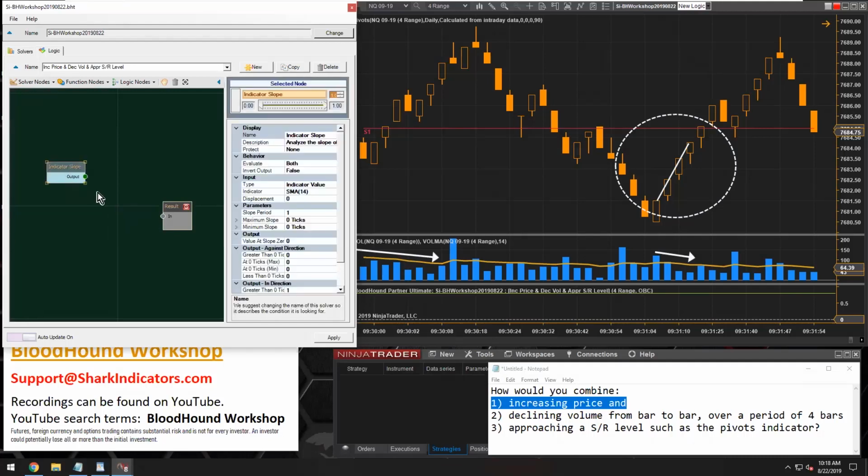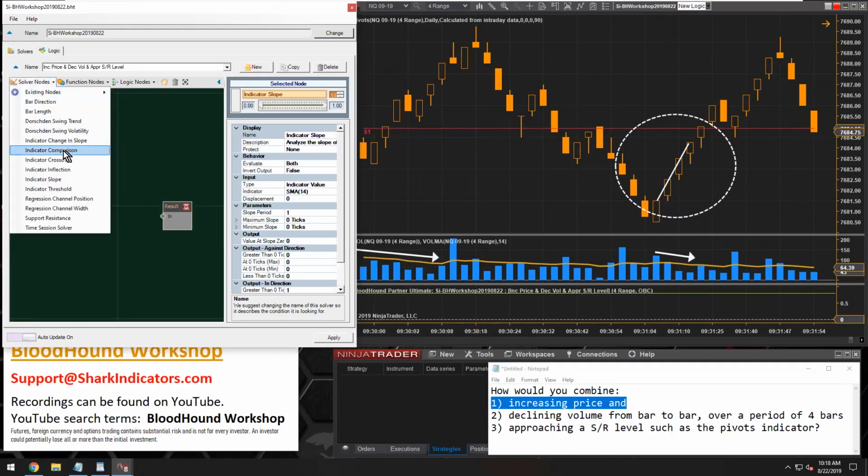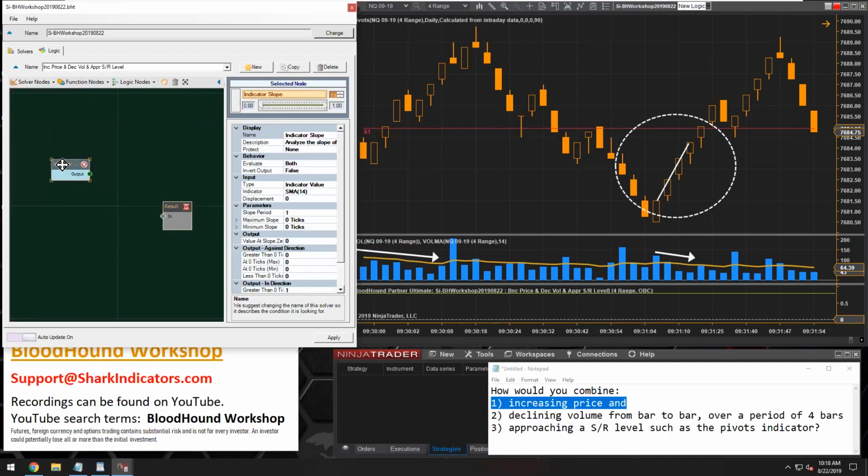But there's a couple of ways that you can determine whether something is increasing or decreasing from one bar to the next. We could use the comparison solver, but the slope solver is a little more convenient because it only needs one input. So let's plug that into that.